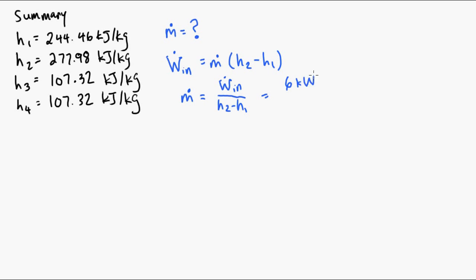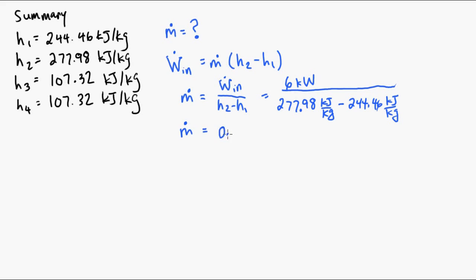We know the total power input is 6 kilowatts, divided by h2 minus h1. And we enter these values into our calculator, and we get a mass flow rate of 0.179 kilograms per second.